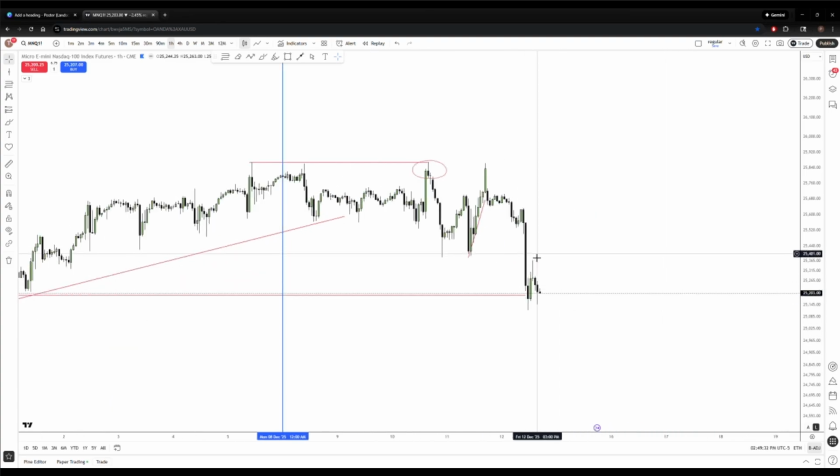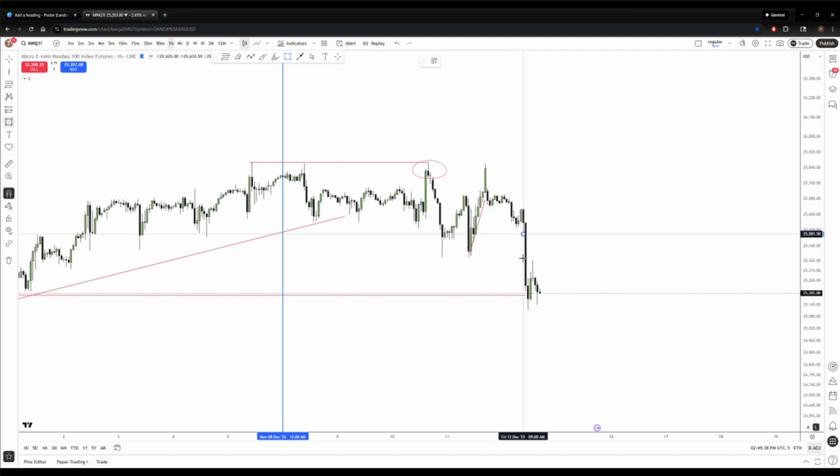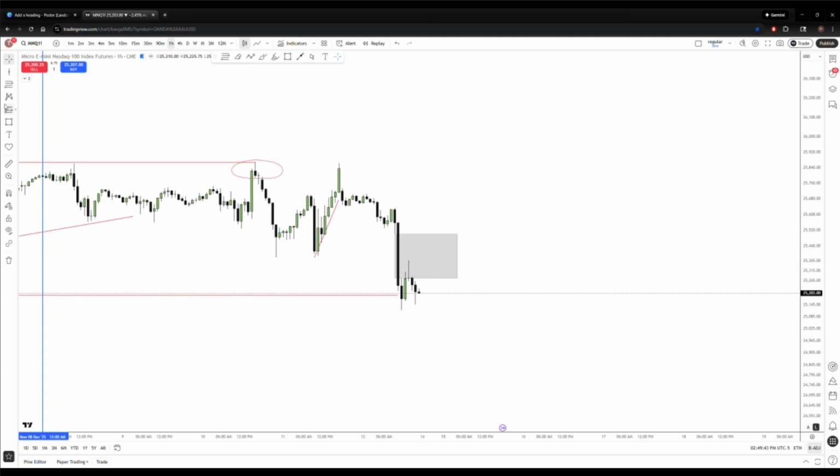Because notice, right now we're creating a swing off the hourly fair value gap. You see this? So I would be more inclined to sell down to these lows, because it's creating a swing off a fair value gap, the bearish lane of the road.